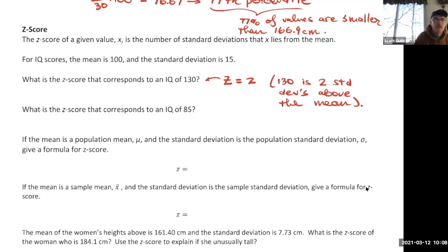Okay, what's the z-score of 85? Little hint: we've said that deviations from the mean are positive when you're above average, and deviations below the average should be negative. So what's the score here?